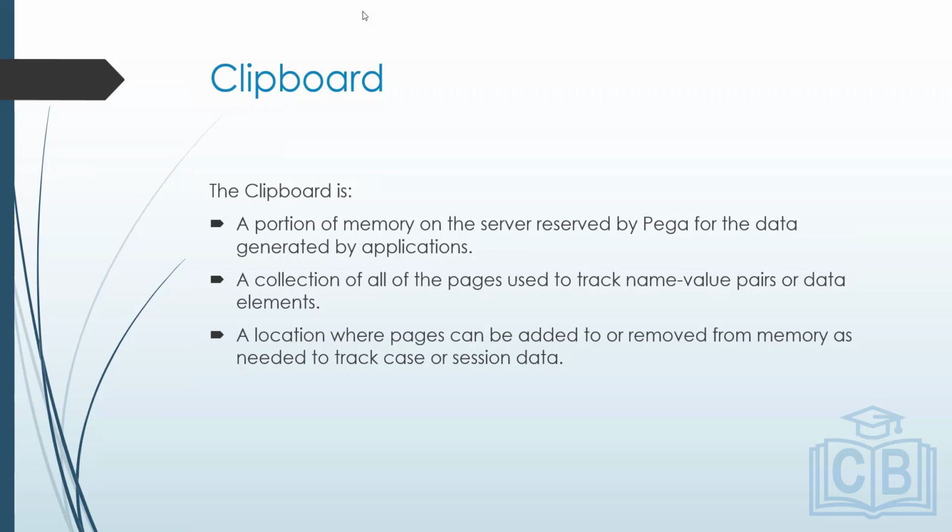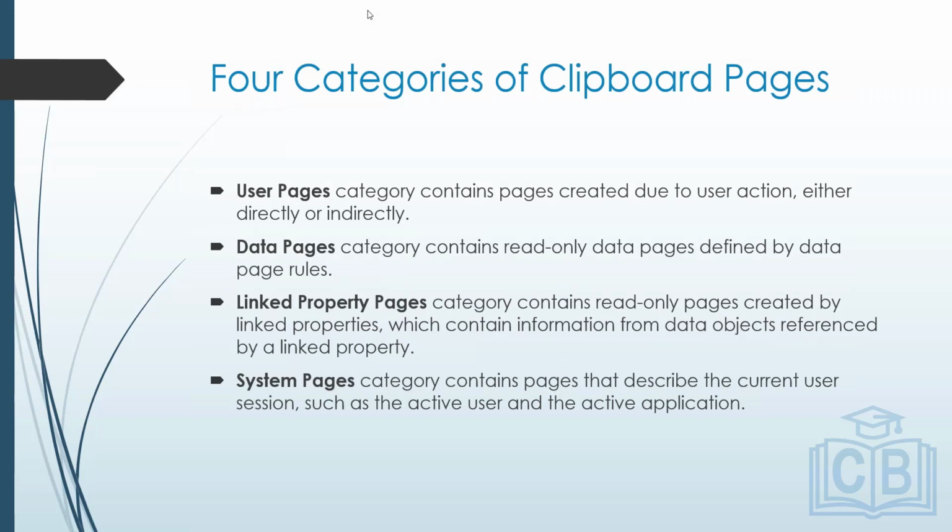These entities are organized in the form of pages. There are 4 types of pages: user, data, linked property pages, and system pages. According to the type of entities you are looking at, you choose the right page and see the data corresponding to it.